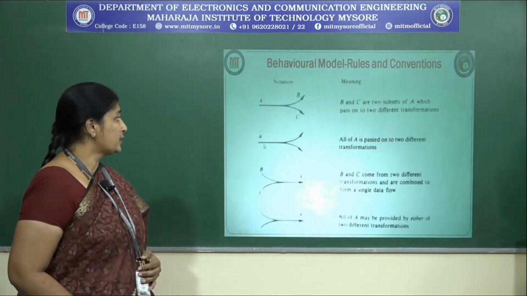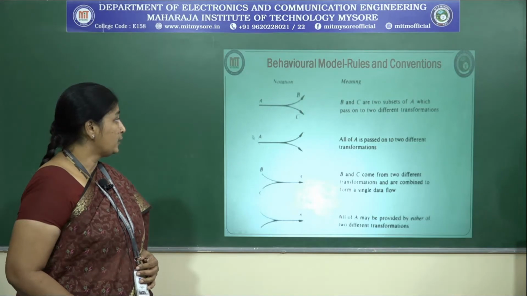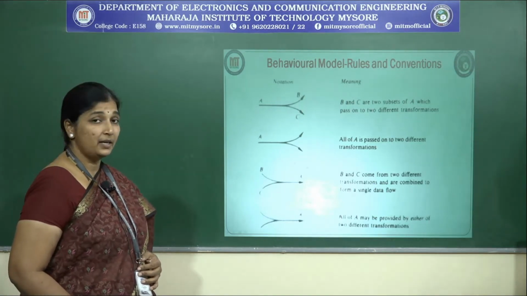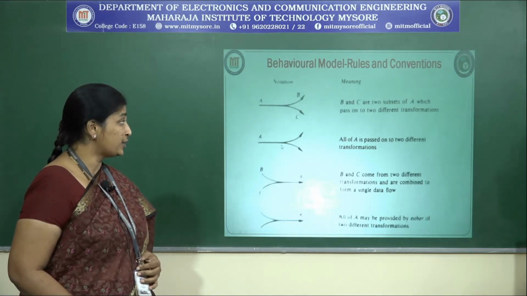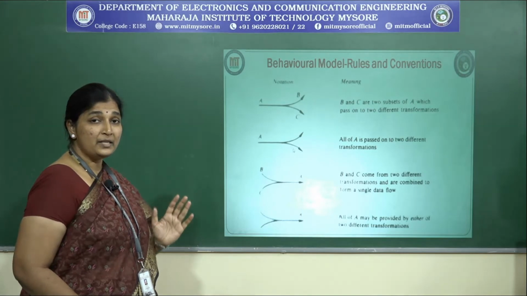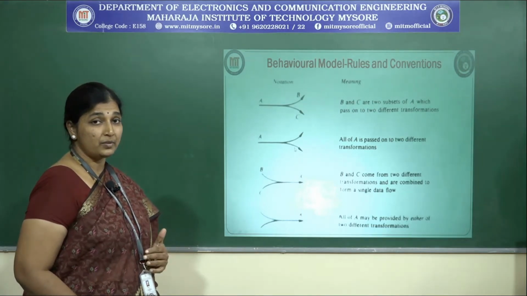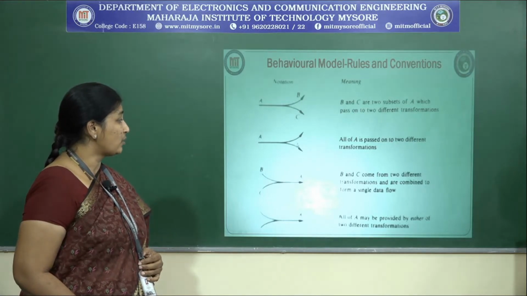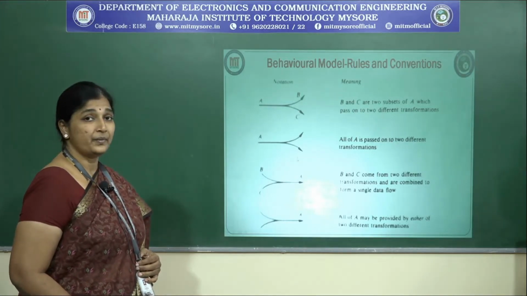In the second case, you have an input A and no subsets, but the same information is split or diverted from the mainstream into substreams. So all of A is passed on to two different transformations.